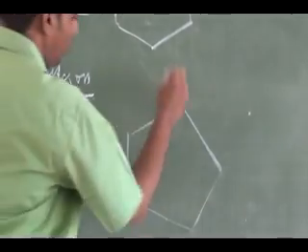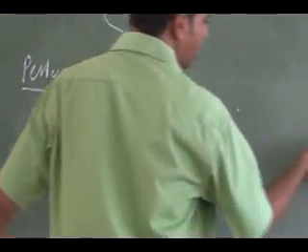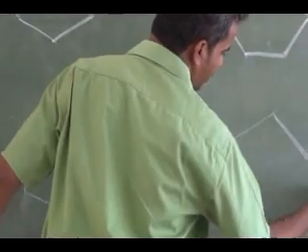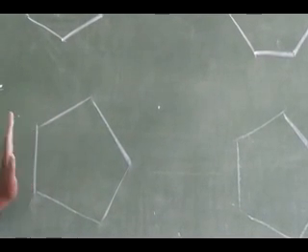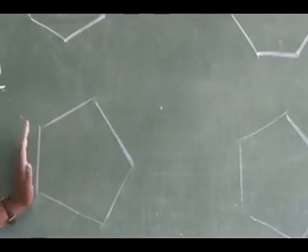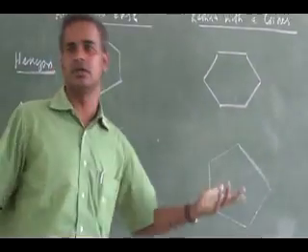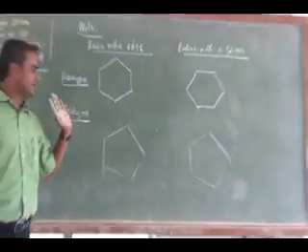If it is resting with the edge or corner, both things, I can draw the pentagon like this. Is it clear? So for the pentagon, if it is resting with the corner or the edge, the true shape I have to draw like this.